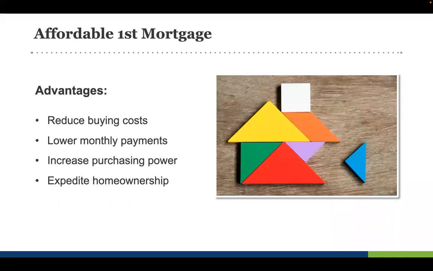So the benefits of these affordable first mortgage programs would be reduced buying costs, again, lowering monthly payments. So if we're getting reduced mortgage insurance and a better interest rate, again, we're lowering monthly payments. And if once more we hold income steady and we reduce buying costs and monthly payments, we're increasing the purchasing power of that buyer's income.